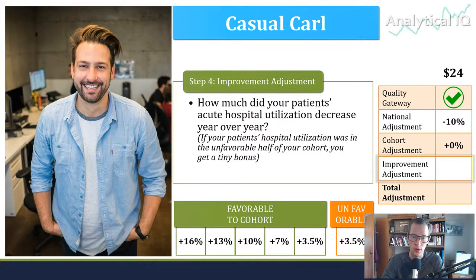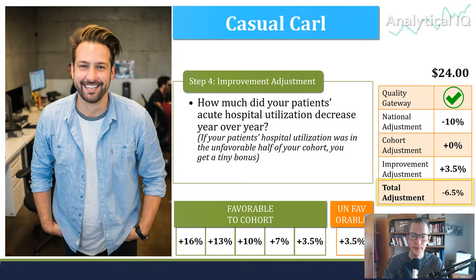Improvement adjustment, well, you know that if you're in the unfavorable half of your cohort in terms of total hospital utilization, well, you get the minimum bonus. So he does get a bonus, the minimum bonus in the improvement adjustment. And so that takes away a little bit from his -10, takes him to -6.5.